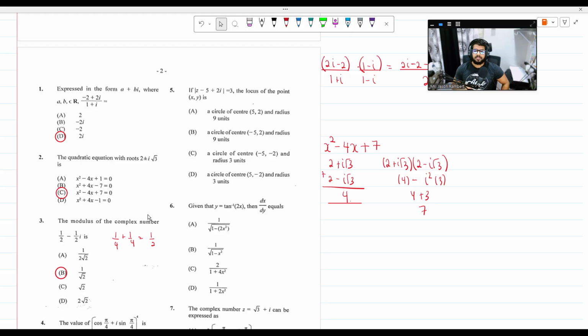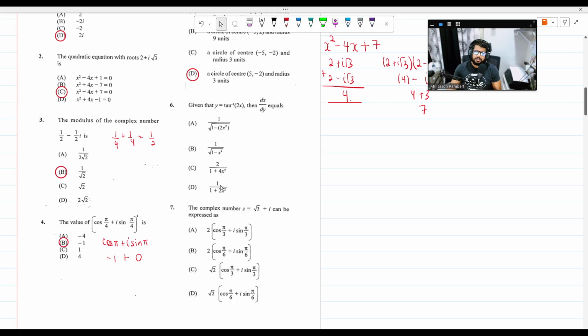So it's either C or D. So let me get what the center is. So it's going to be z take away 5 minus 2i. I'll get back the minus 5 plus 2i. 5 minus 2i is going to be the center. The answer is D.